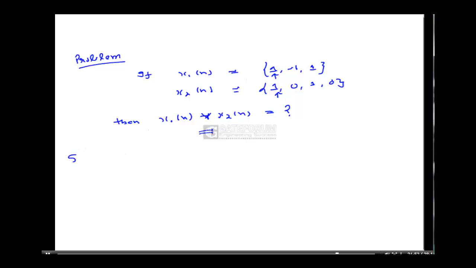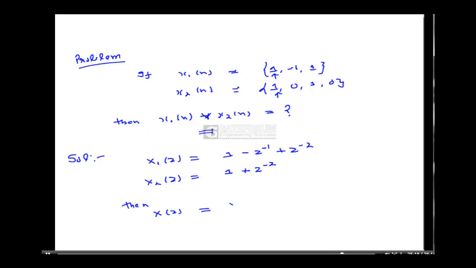Okay. So solution using Z transform. I have X1 of z as 1 minus z inverse plus z to the power minus 2. I have X2 of z as 1 plus z to the power minus 2. Then overall Z transform X of z is equal to X1 of z times X2 of z, which is 1 minus z to the power minus 1 plus z to the power minus 2, times 1 plus z to the power minus 2.